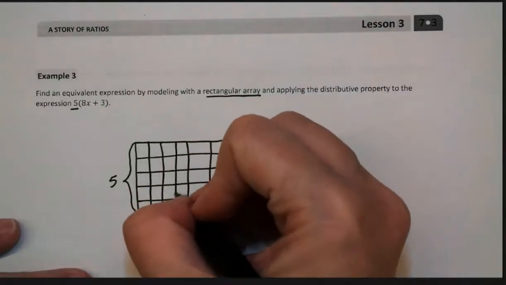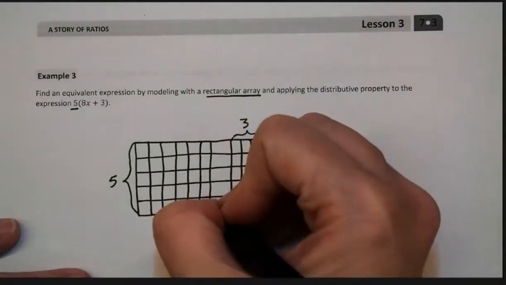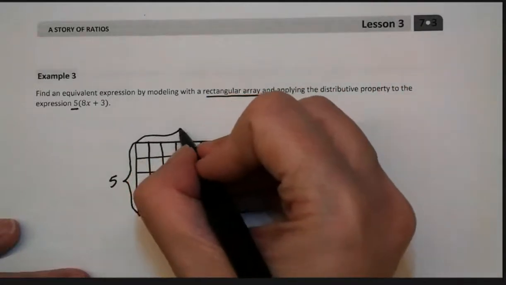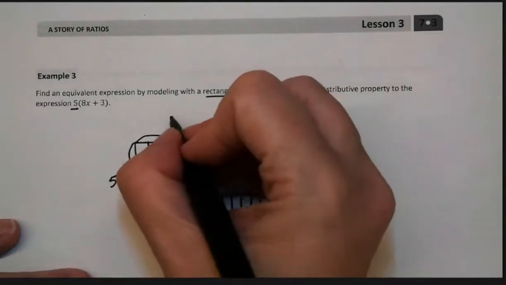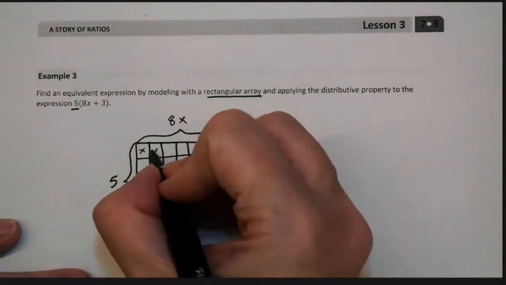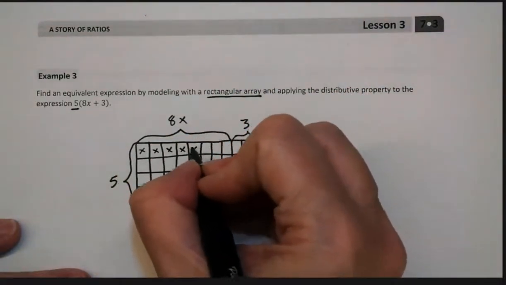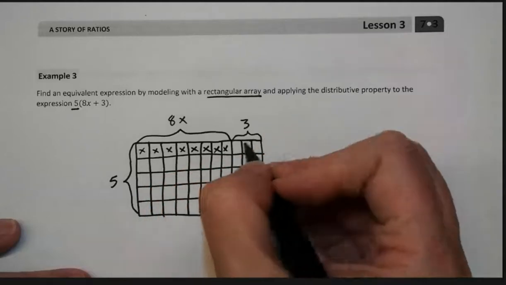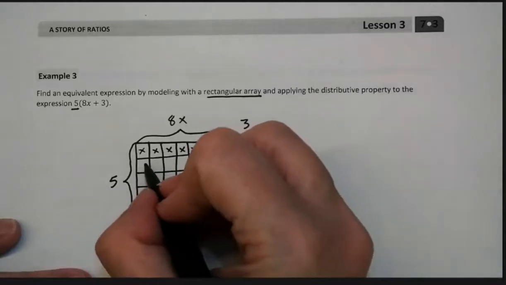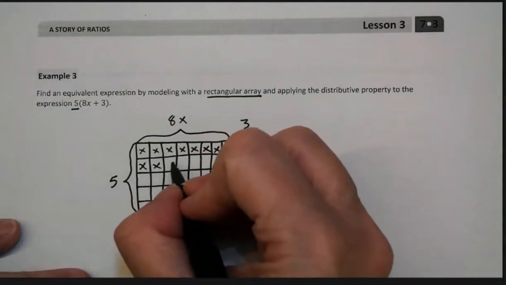Remember, these are not 1s though, these are x's now. So this is 8 x's. I want you to picture each of these as an x. And each of these is a 1. So just picture that these are x's all the way down.